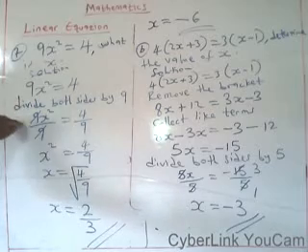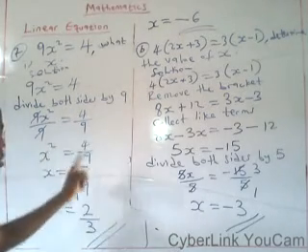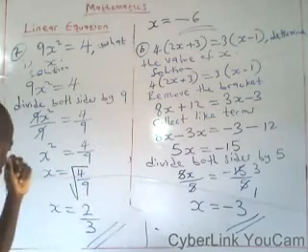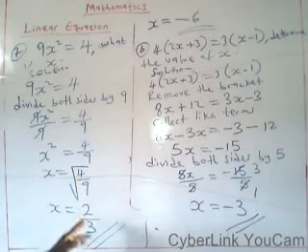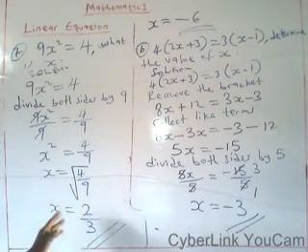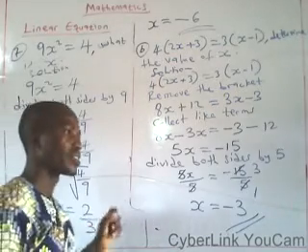When you are through with the coefficients, then you come back to the square. Square moving to the other side will change to square root. The square root of 4 over 9 is 2 over 3. Square root of 4 is 2, and square root of 9 is 3. That is why the final answer here is x equals 2 over 3.